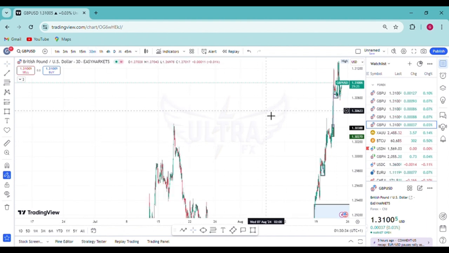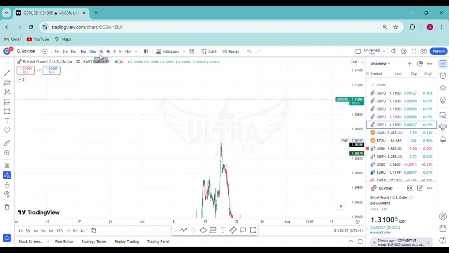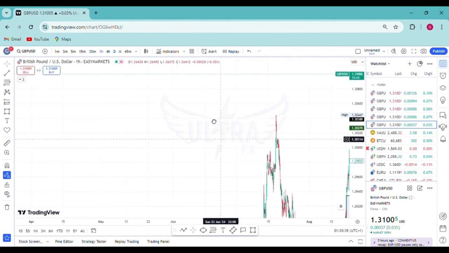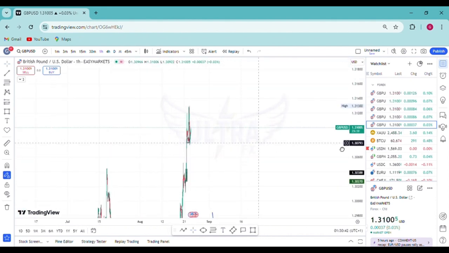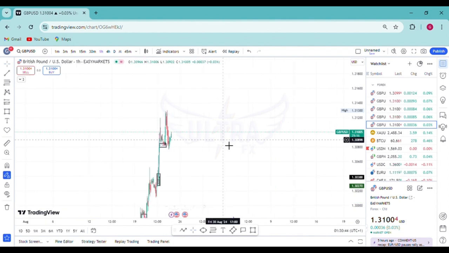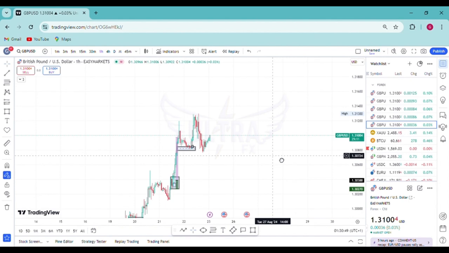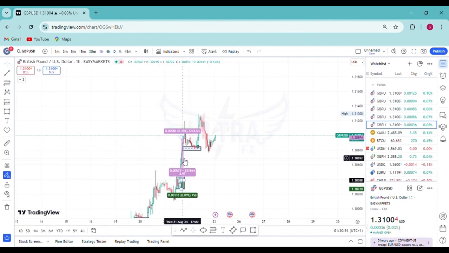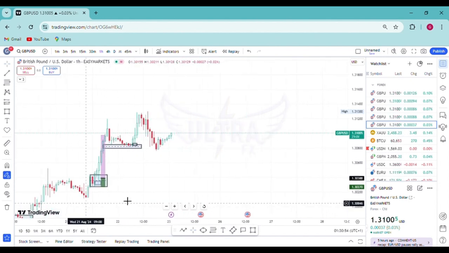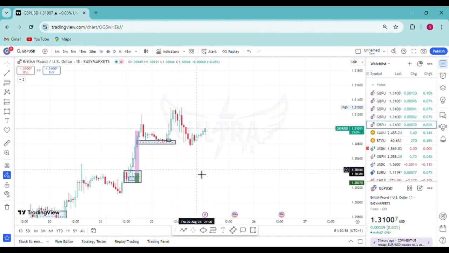Okay, our previous high is quite far, so we can just take it from 1 to 3 or 1 to 4. Then we have a trade.